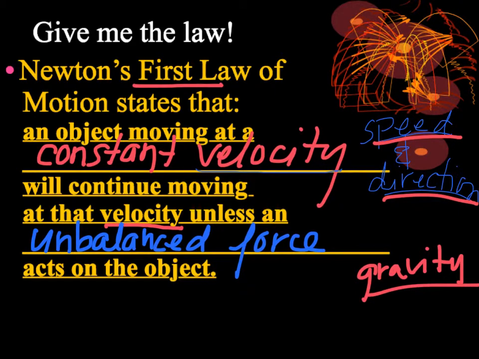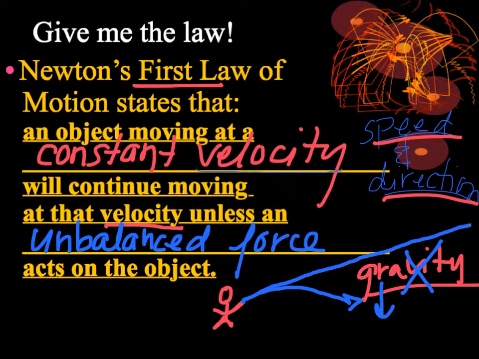Gravity, of course, is everywhere, so when I throw a ball, gravity starts bringing that ball down to earth. But if we were to erase gravity and I go ahead and throw that ball, it will keep going in that same direction at that same speed, basically infinitely.